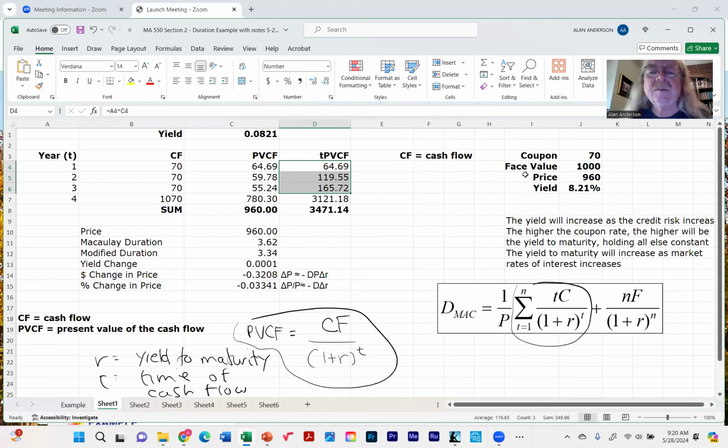If you were to add those three up, you would get that first term. And then this number is this last term.